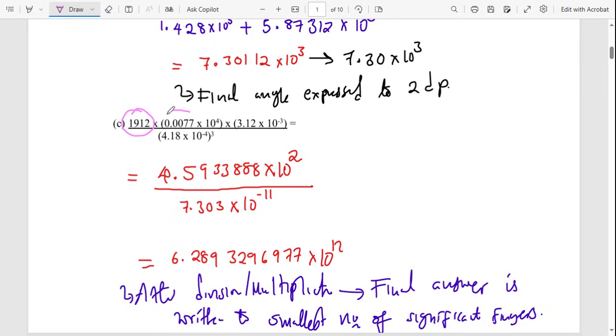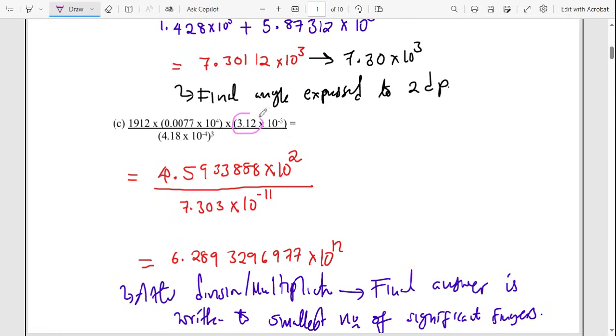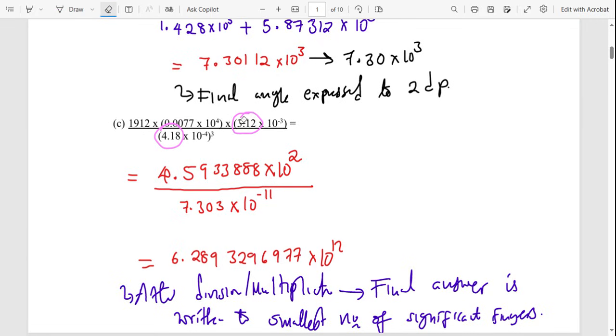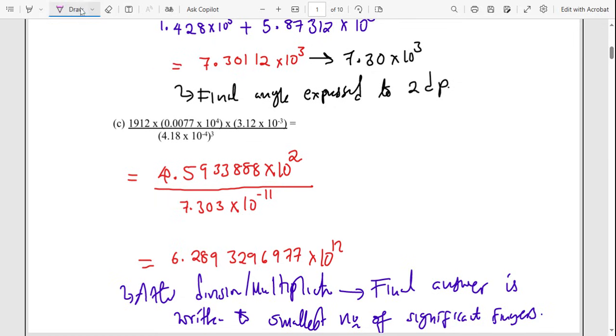And then how about this one? How many significant figures? 2. Very good. And then how about this one? How many? 3. Very good. And then the one in the denominator, how many? It's also 3, isn't it? It's 4.18.